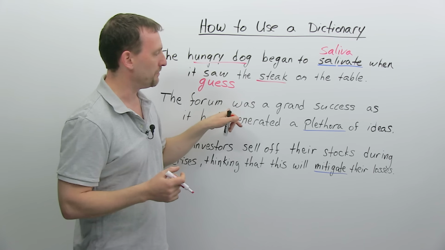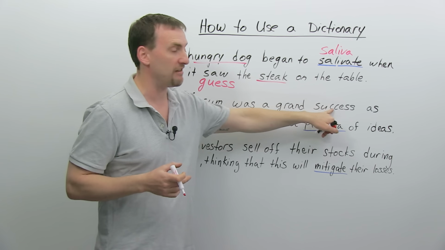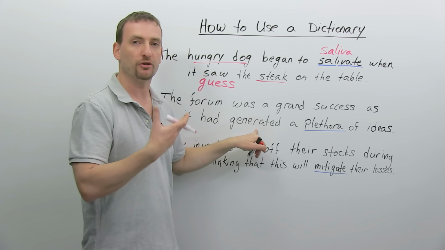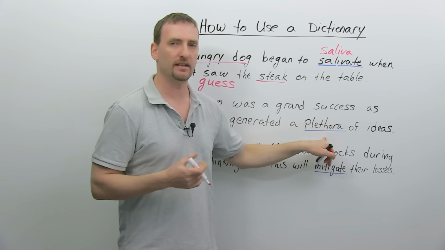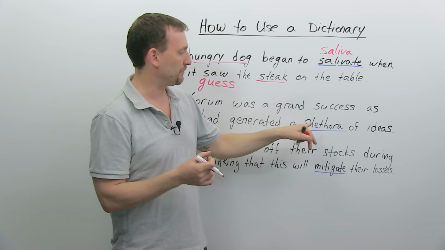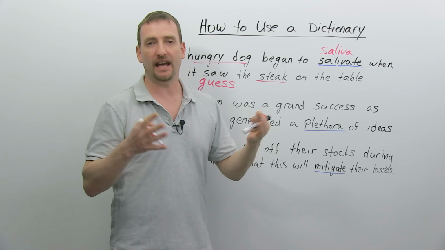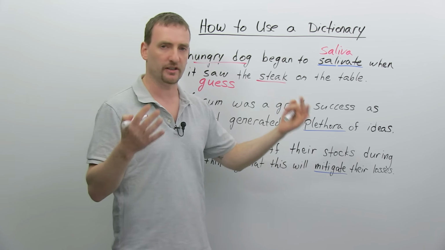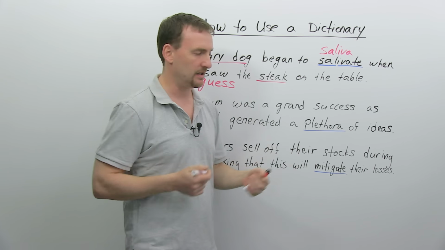So if the forum has all these ideas and it was a grand success, why? Because it had made or created a plethora of ideas. Now, you can probably guess what this means. A plethora means many and varied. So a large amount or a large number and a varied number.